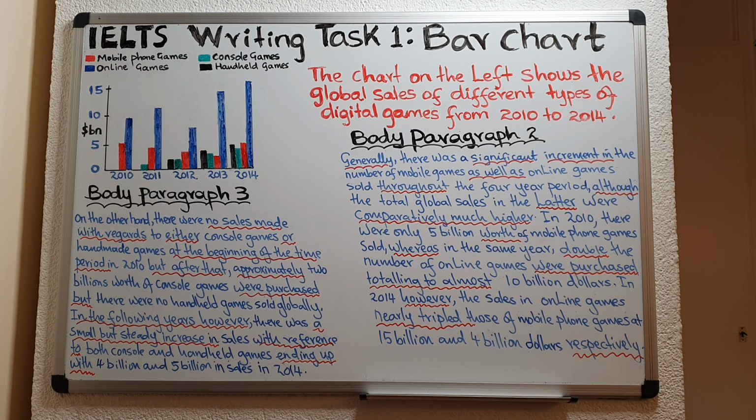The next tip, use linking words for comparison. Use linking words when you want to write about a difference, for example, however, although, on the other hand. But also use linking words that will indicate to the examiner that you want to write about similarities, as, for example, I used "as well as."